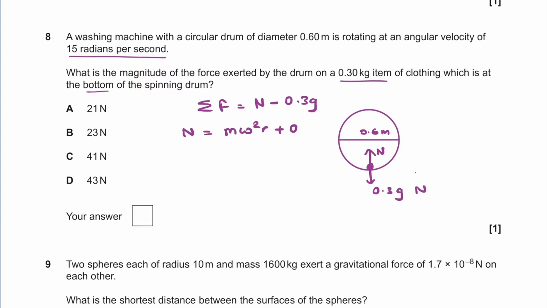Then add 0.3 g and you will end up getting a very easy answer, which is B. Remember it's the net force that you're looking at, and that is the centripetal force, the resultant force, and that is equal to the reaction force minus the weight of the item. So that is going to be 23 newtons, or B.